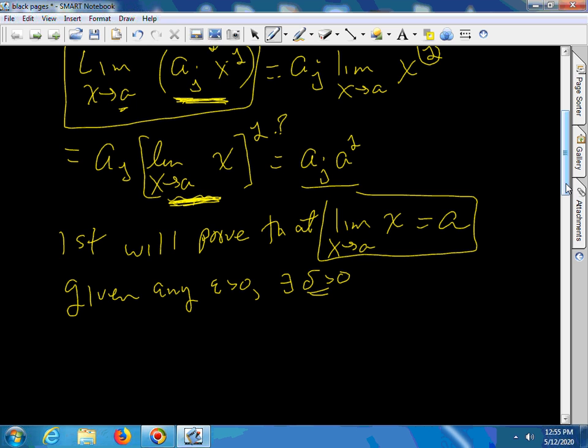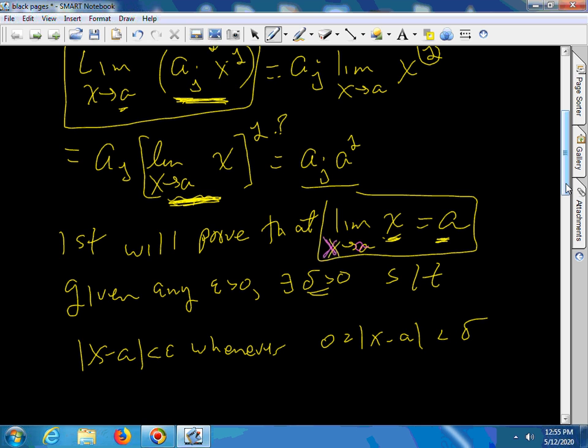I must actually exhibit that delta such that the absolute value of x minus a is less than epsilon whenever 0 is less than the absolute value of x minus a, which is less than delta.